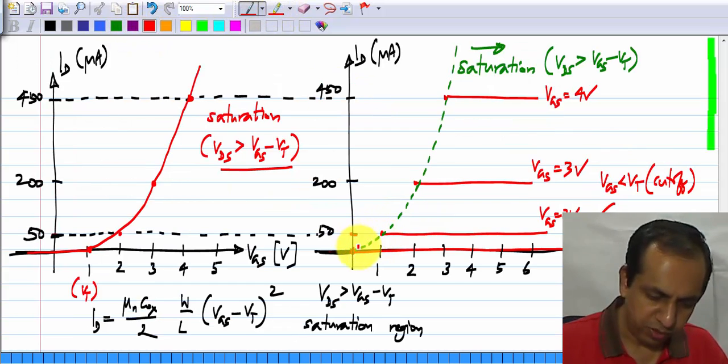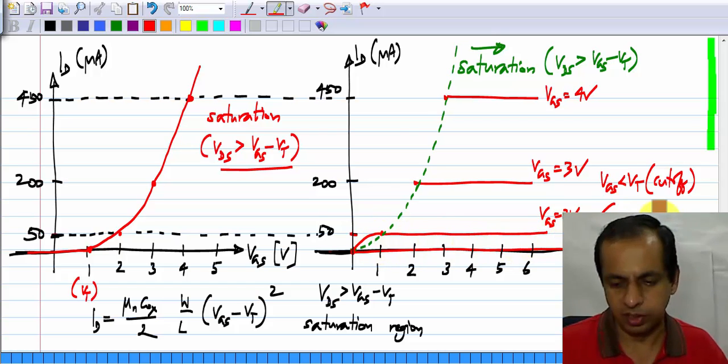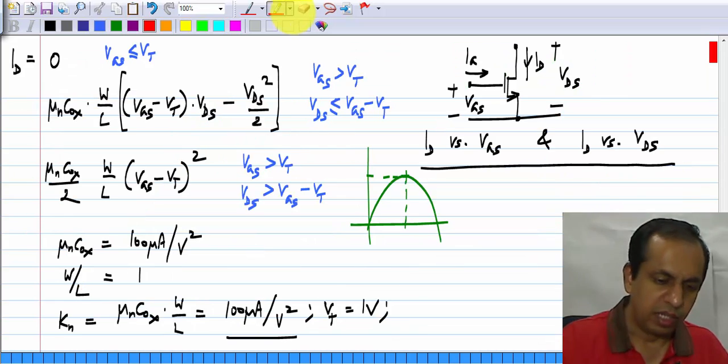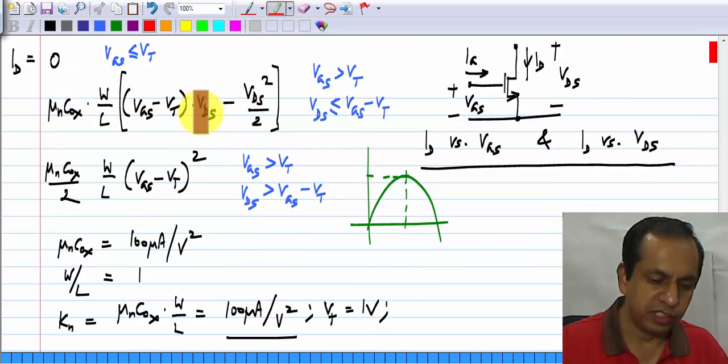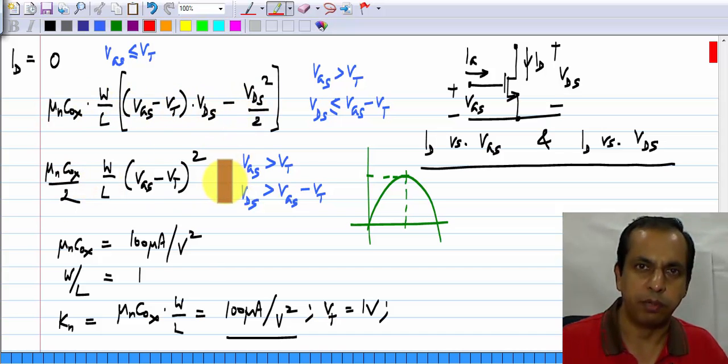It turns out that the part of the curve below this is that inverted parabola, and the peak of that inverted parabola happens to be exactly here. At that point, the current equals the saturation current. And that's not surprising. If you substitute VDS equals VGS minus VT here, this expression and this expression become the same. Okay.